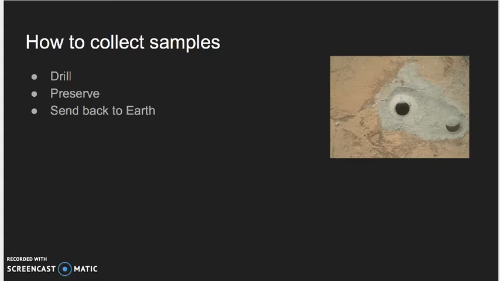They then collect the sample and put it into a spherical container to be sure that it doesn't interact with anything that it wasn't already exposed to on Mars. And then the sample must be large enough to get a sense of what makes it up, and has to preserve its entirety, but it has to be small enough to get back to Earth.